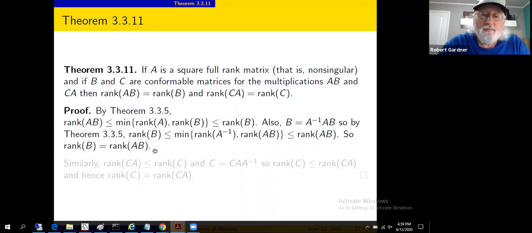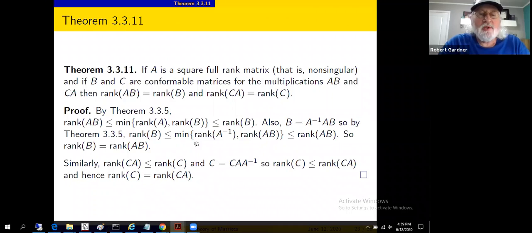There's the equality. And then similarly, when we multiply on the other side, the rank of CA is less than or equal to the rank of C. Similar argument. Let's write C as C times A inverse, and then a similar type manipulation up here will give us the rank of C is less than or equal to the rank of CA.